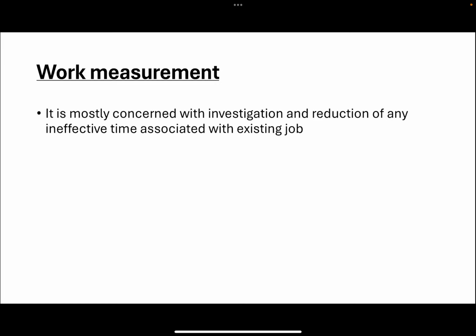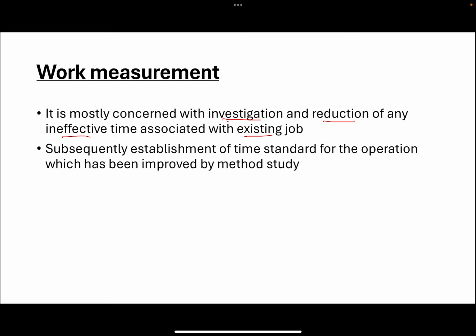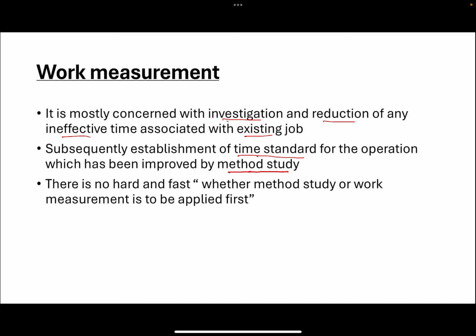Next comes work measurement. This is about measuring the time to do the particular job using the best method. It is the investigation and reduction of any ineffective time associated with the existing job, and the establishment of time standards for the operation which has been improved by the method study. We found the method by method study, then we will calculate the time.